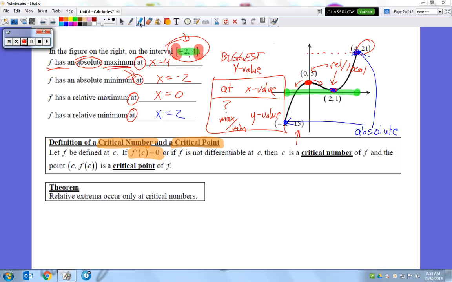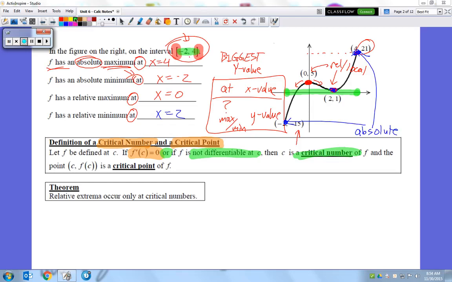So if f is the function, and I derive it, and I set it equal to 0, and I solve for when this derivative would equal 0, we call that a critical point. So critical points occur when the derivative is equal to 0, or if it's non-differentiable. Okay? Basically that I can't take the derivative. Okay? So then c is called a critical number.